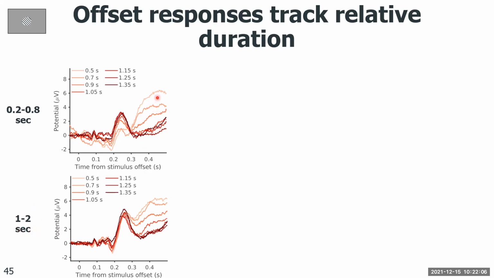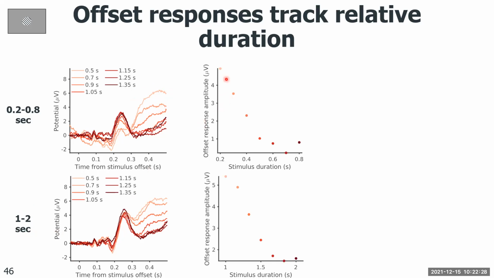What we see here is again the same type of responses that we saw before: a strong positive potential after the offset of the stimulus that decreases with increasing duration and seems to reach the threshold for the short block and for the long block. So we summarize these responses again by taking the average for this window, and we plot them here. And we can see the linear decrease and the saturation for both blocks clearly.